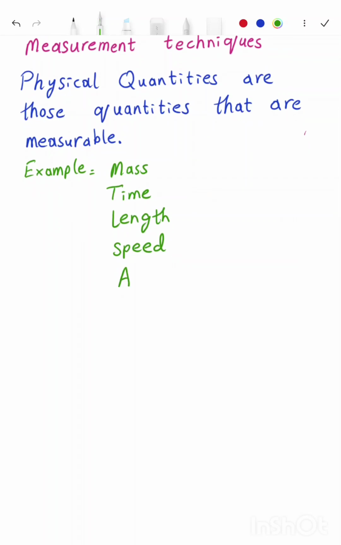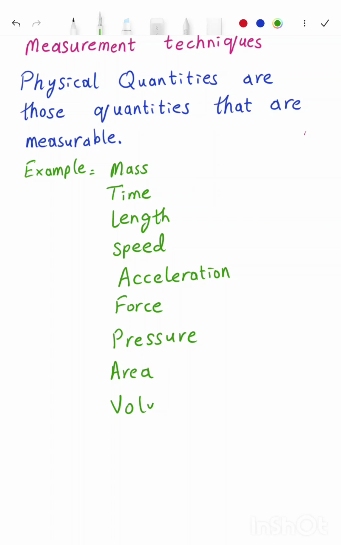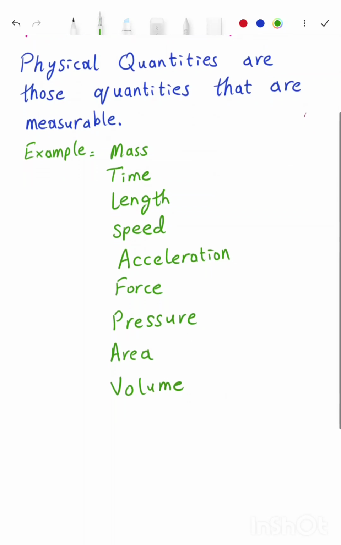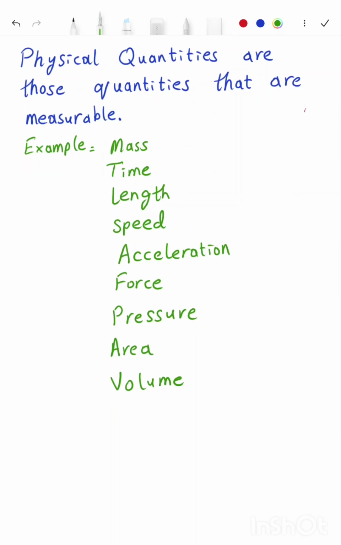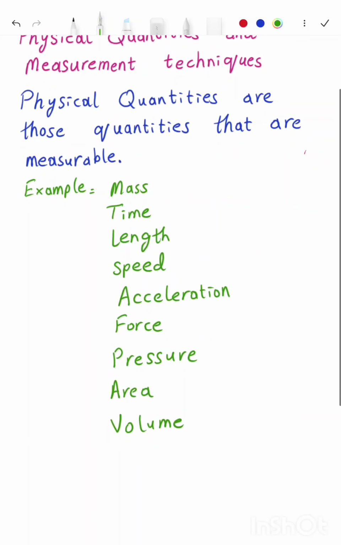The acceleration, the force, pressure, area, volume, all of these quantities are measurable quantities, which means that we can measure them. They will have some value, they will have some magnitude. Okay, so all such quantities are known as physical quantities.